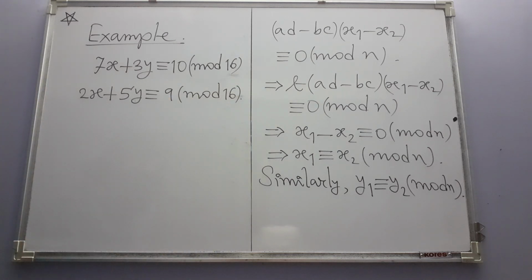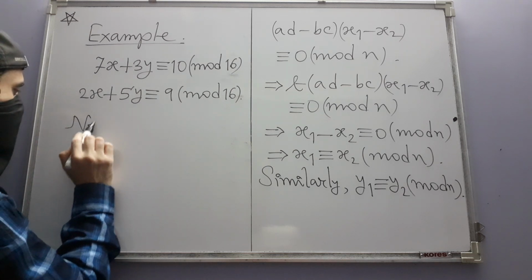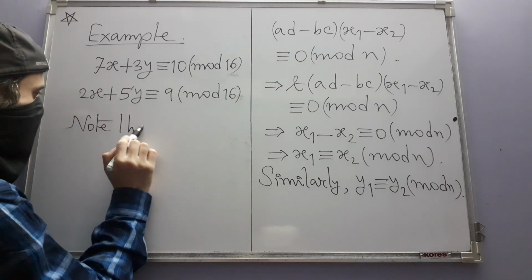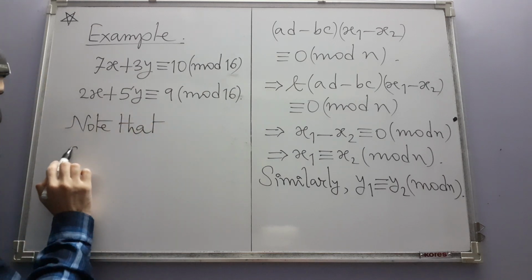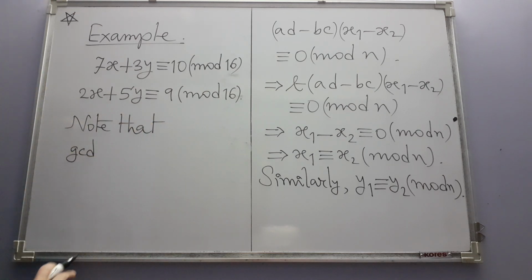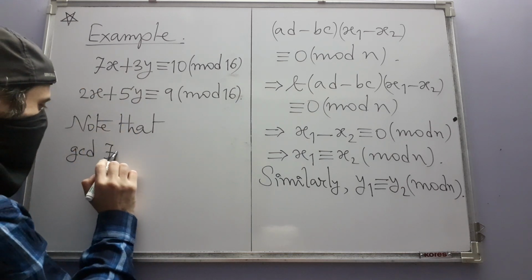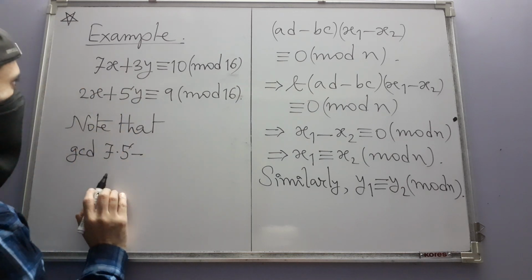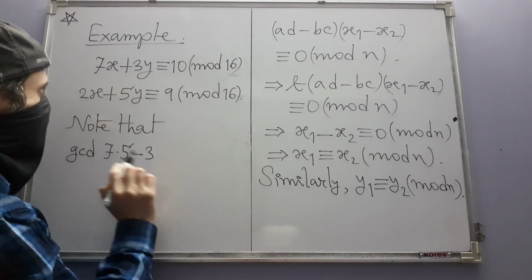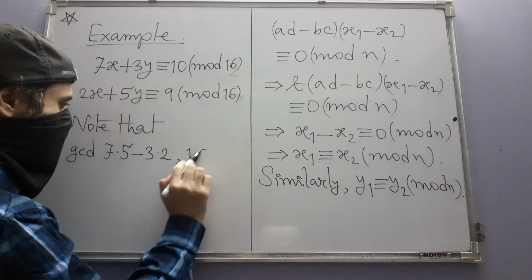Before we do anything, we have to find that GCD. Note that ad minus bc, that is 7 times 5 minus 3 times 2, and n.